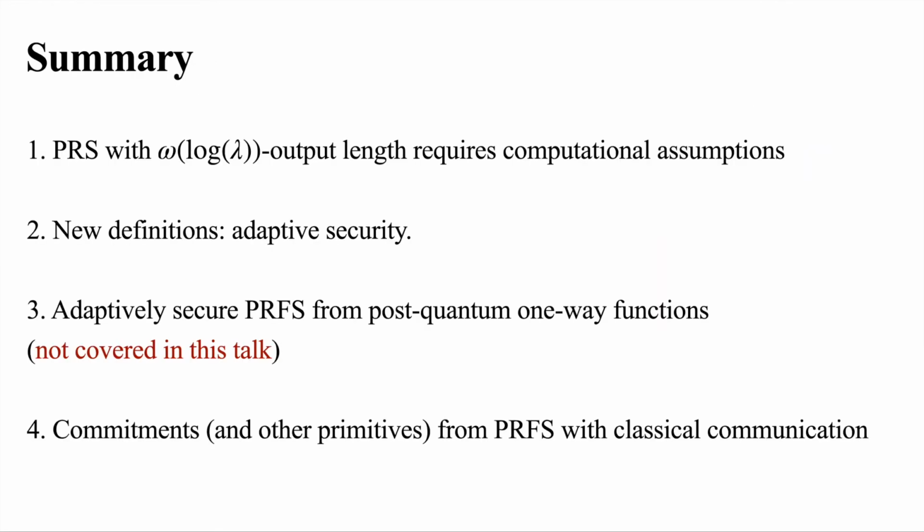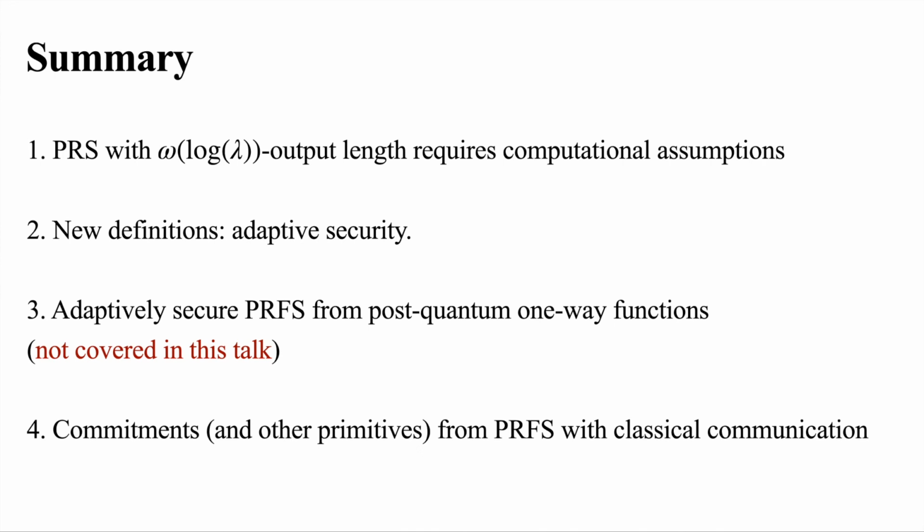So let me summarize. We show how to construct PRS with omega log output length. The constructions of PRS with omega log output length require computational assumptions. We also gave a new definition of security for PRFS that we called adaptive security.